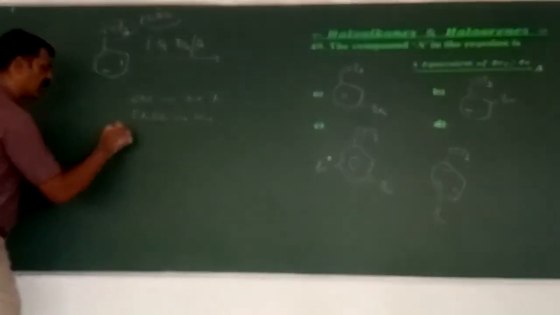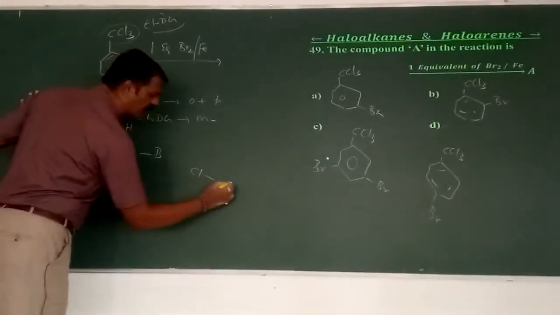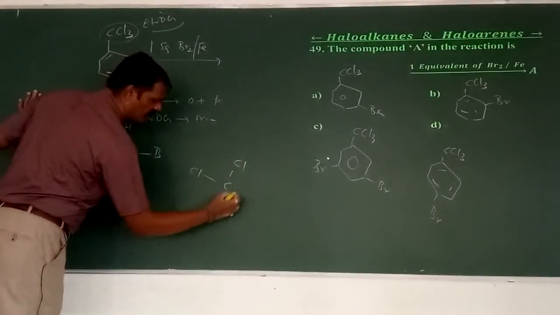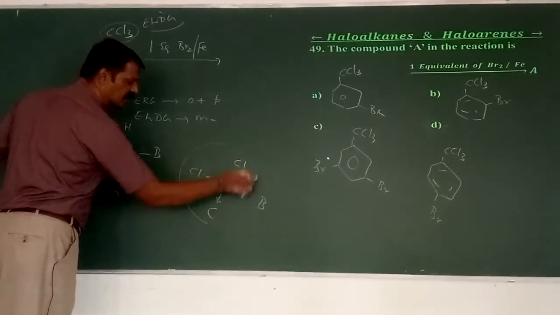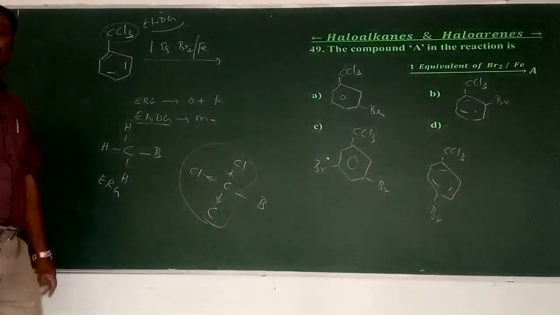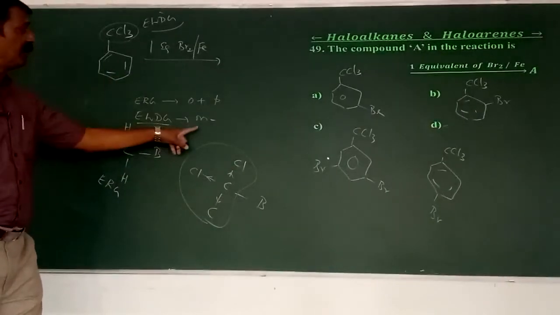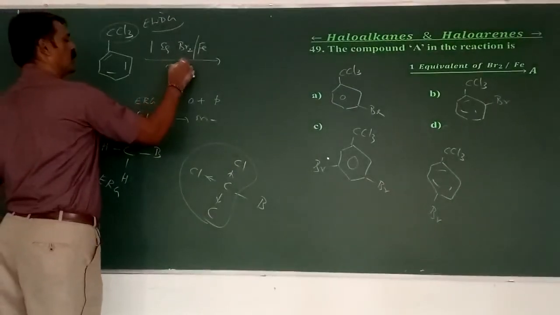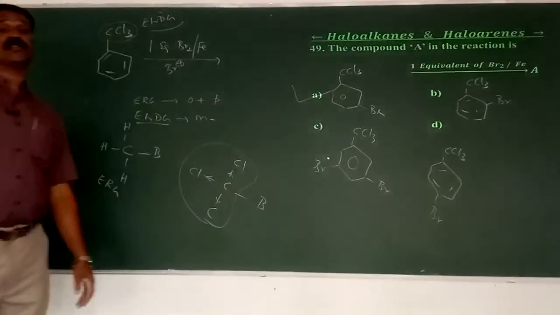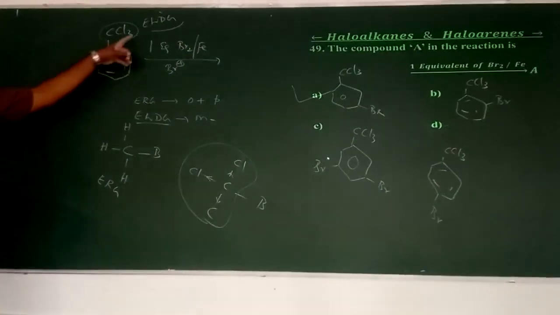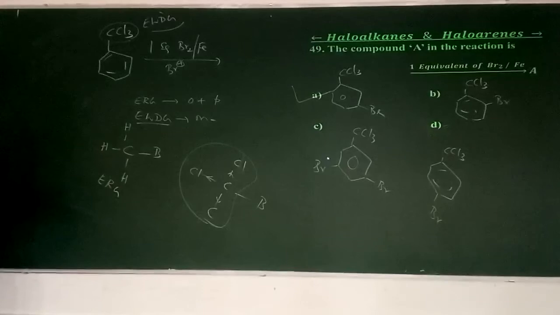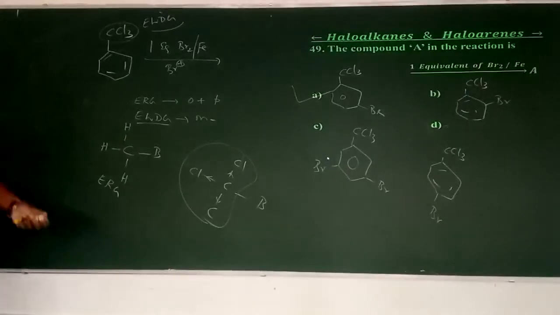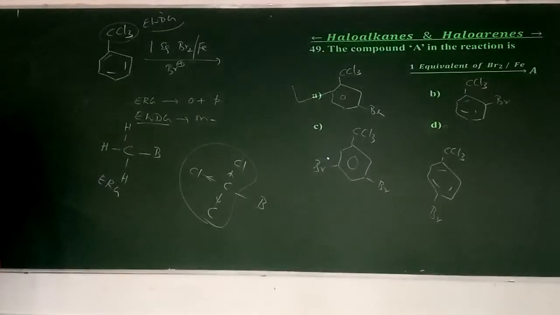Usually this is electron releasing if it is attached to the benzene, but here the chlorines are withdrawing, withdrawing, withdrawing. Therefore, this CCl3 becomes an EWDG, which favors only the meta position for the electrophile Br. Hence, 49 is A, because CCl3 is electron withdrawing. It prefers only the meta position. Hence, it is called meta-bromo trichlorotoluene. 49 is A.